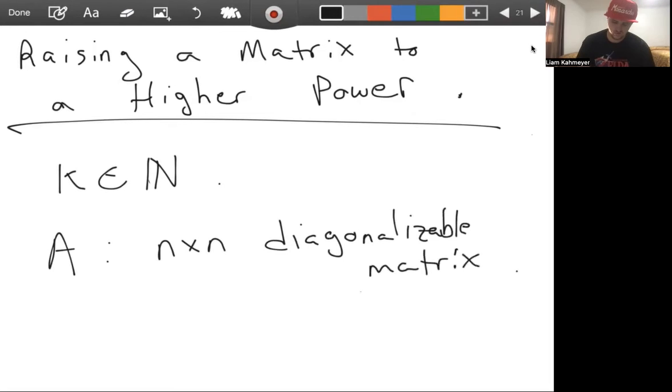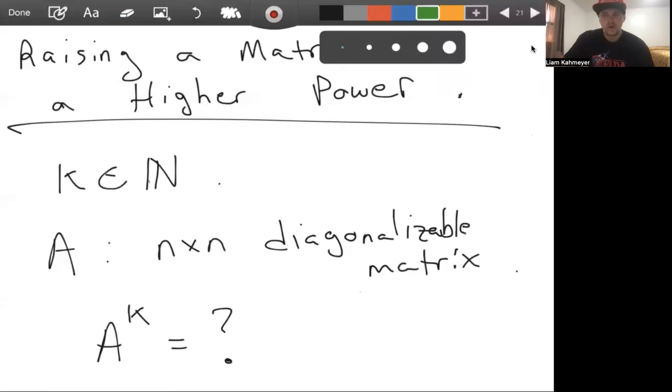And let's say we want to compute A to the k. Well, how would we do that? First, why do we care? One of the reasons we care is because we can think about a matrix as representing a linear transformation, and in particular, if it's an isomorphism, that's a one-to-one correspondence of changing a basis.